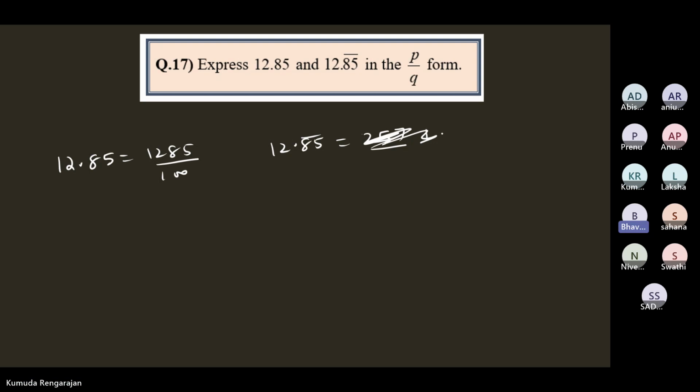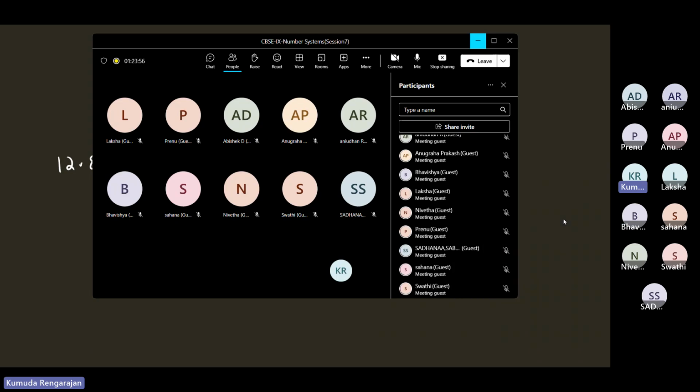For the first one I got 257 by 20. Okay. 12.85 recurring is 1273 by 99. 1273 by 99, is it? Yes, ma'am. Sahana, did you answer? Did I ask you, Sahana? Sahana.